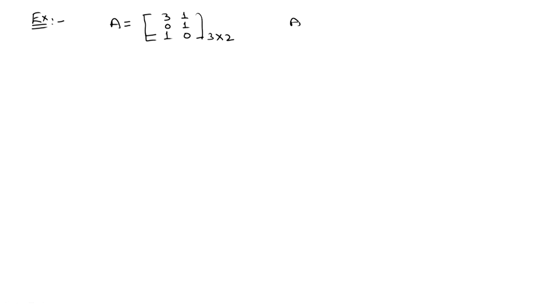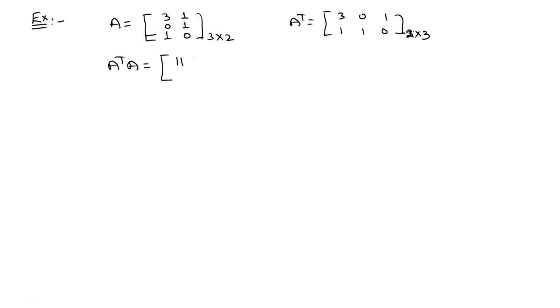Here A transpose will become 3 1 0 1 and 1 0. So, now A transpose into A will be a 2 by 2 matrix. This entry will be 11. A transpose is 2 by 3.